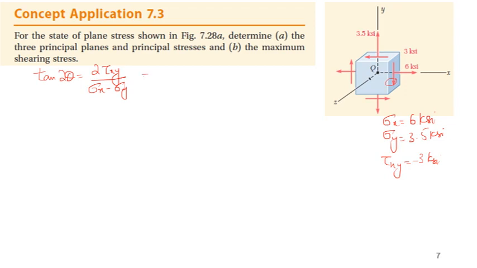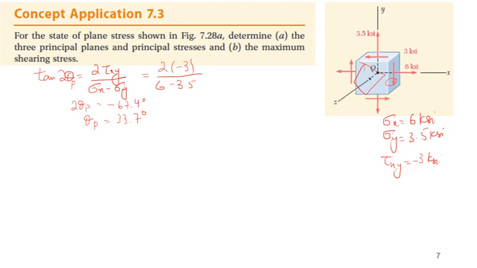Okay, now putting in the values, 2 times minus 3 divided by 6 minus 3.5, and when we solve it, 2 theta p is approximately minus 67.4 degrees, and theta p is minus 33.7 degrees. This means if I rotate this element with respect to the z-axis by 33.7 degrees like this, over there we have the principal stresses.